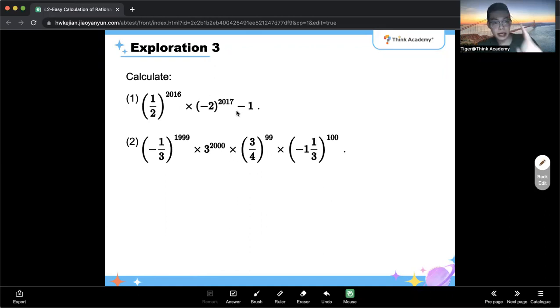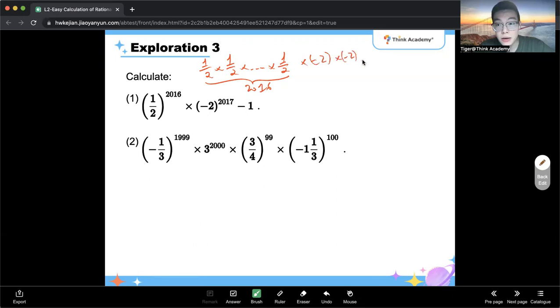Because the first thing is we know that this question 1 here is equal to 1/2 times 1/2 times 1/2, and I'm multiplying 2016 of 1/2, right? And then I'm multiplying that by minus 2, by minus 2, and by 2017 of the minus 2s.